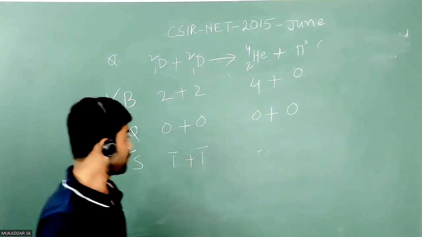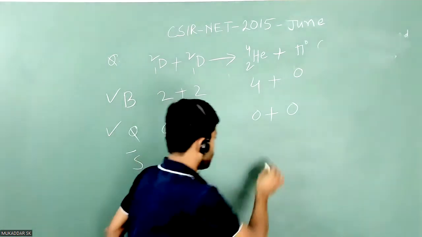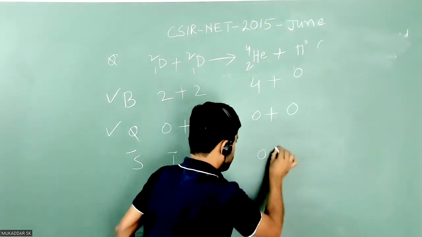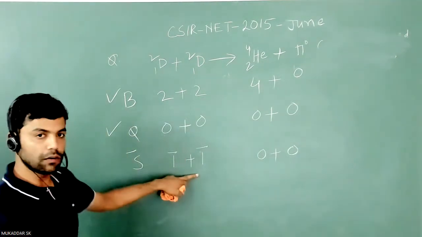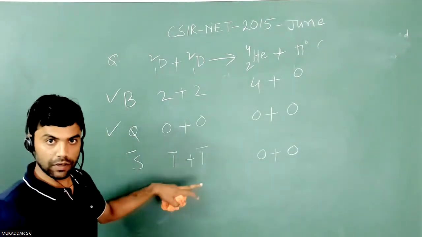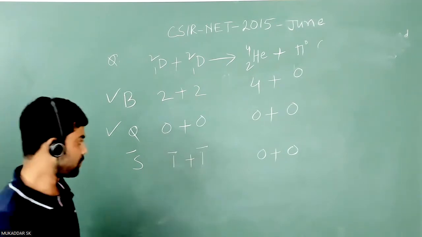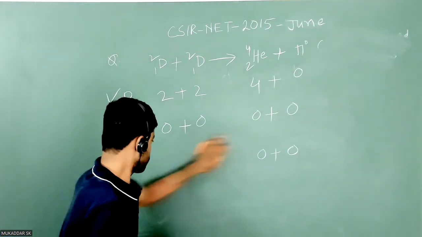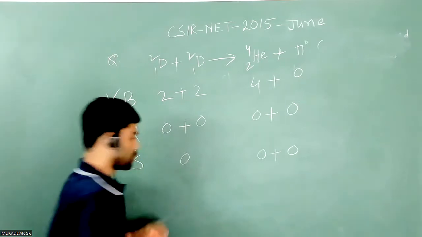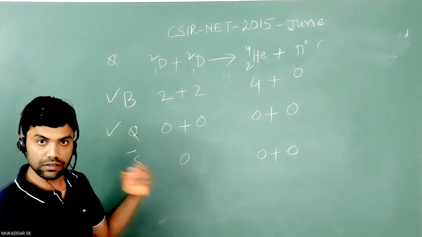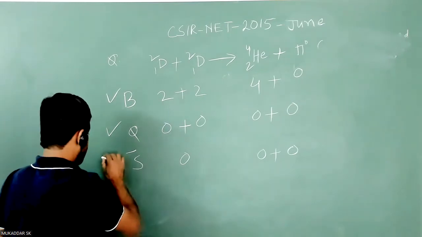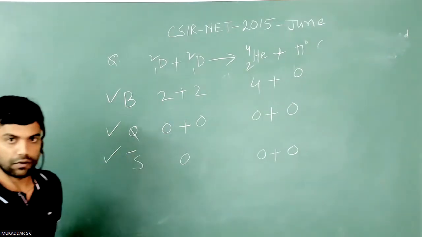On the right hand side you have helium, whose spin is 0, and the same is true for pi 0 also. So this value can give 1 plus 1 or 1 minus 1. 1 minus 1 will give 0, and that is possible. It means spin and corresponding angular momentum is conserved.